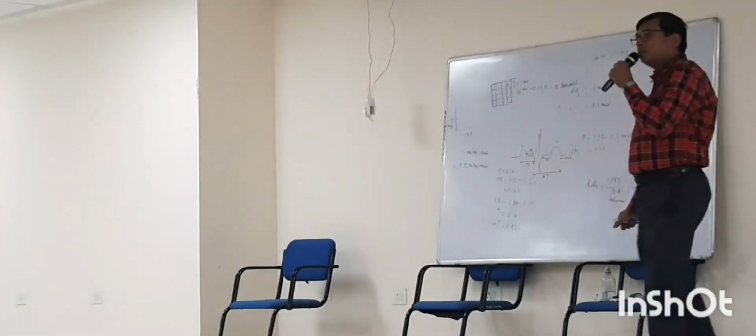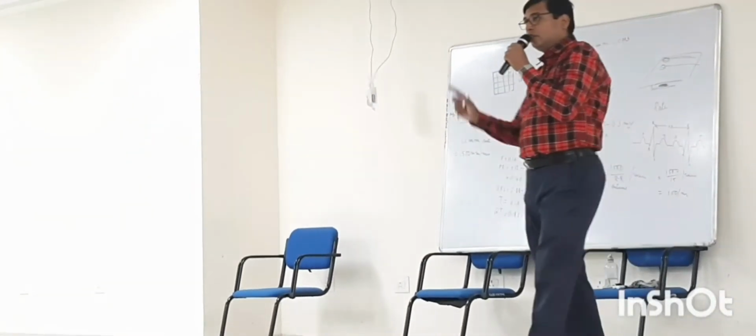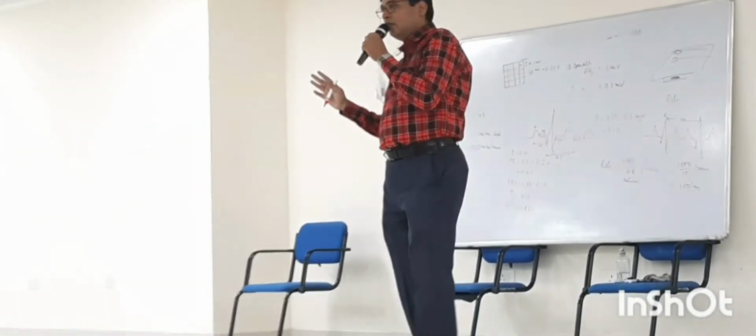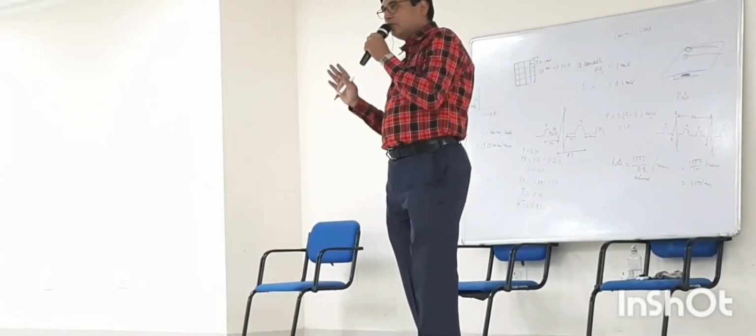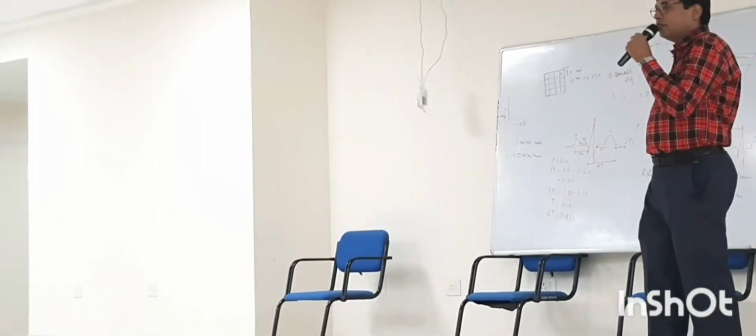If heart rate is more than 100, but rhythm is normal, there is no pause, no gap, no abnormal waves, then it is called sinus rhythm but tachycardia, sinus tachycardia.